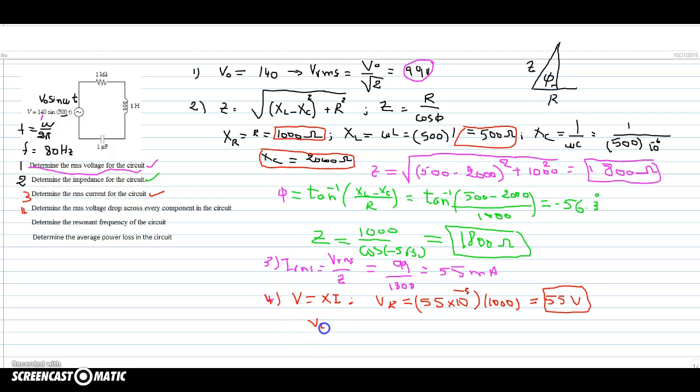Then the VL is XL times the current. Well, XL is defined here somewhere. XL is 500, so that is 500 times the current, which is 55 milli, of course the RMS value. And you are going to find 27.5 volts.